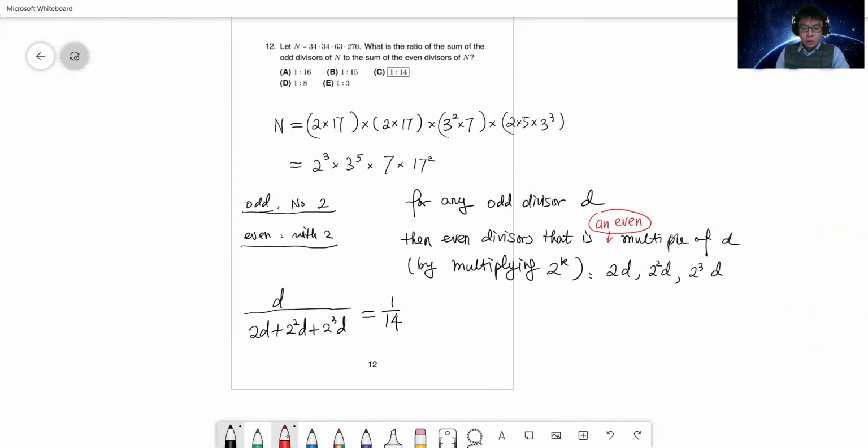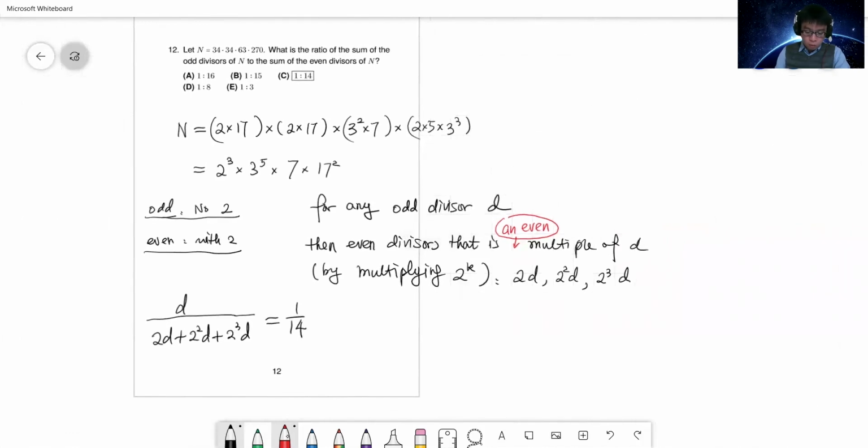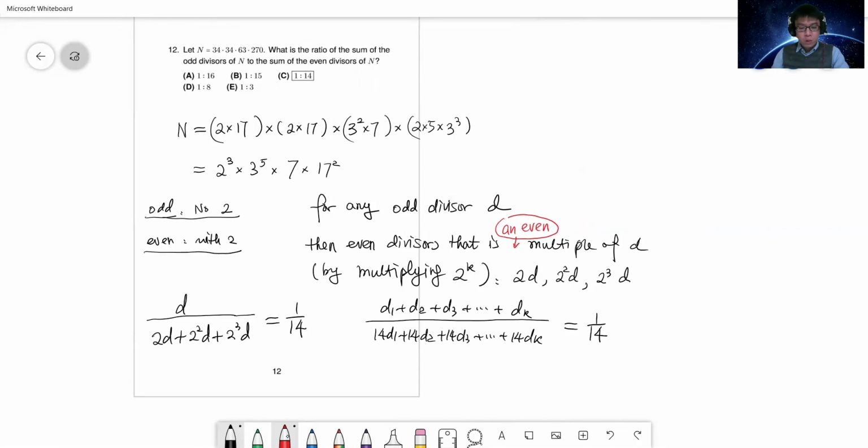So if we sum up all the odd divisors, it would be D1 plus D2 plus D3 up to Dk. The corresponding even divisors will be 14D1, 14D2, 14D3, 14Dk. The ratio is always 1 to 14. So the answer to this question is C.